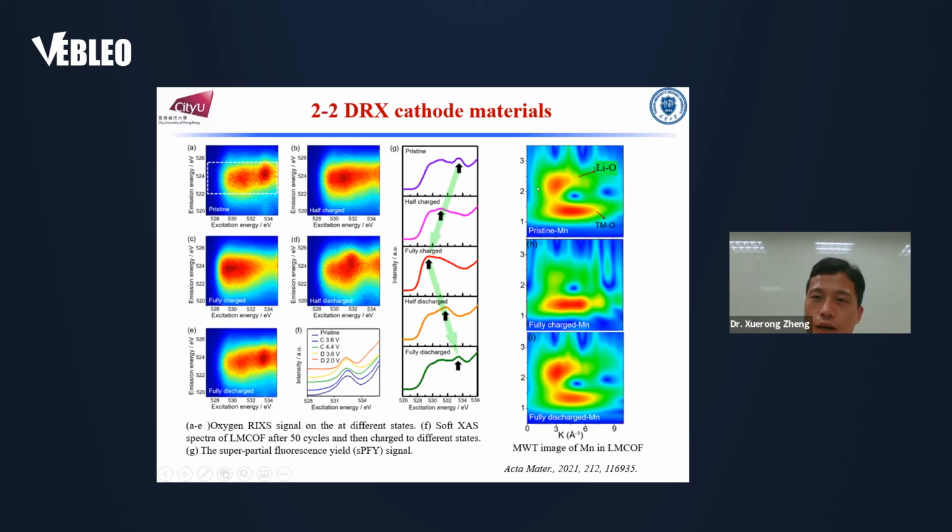And also from the MWT images, we can find that when charging, the environmental coordination of the transition metal in the atmosphere has changed. But when discharging, it can revert back to its natural position. This means that the transition metal redox is also reversible very well.